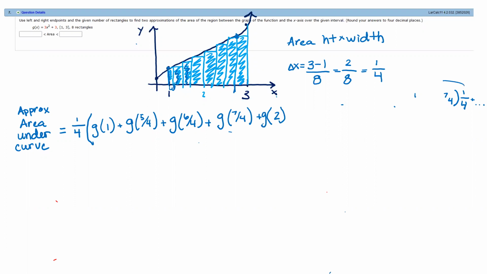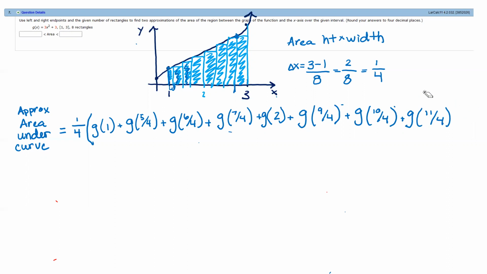G of 2 plus G of 9/4 plus G of 10/4, and then plus G of 11/4. And end our parentheses. Let's double check that we have 8 rectangles. 1, 2, 3, 4, 5, 6, 7, 8.